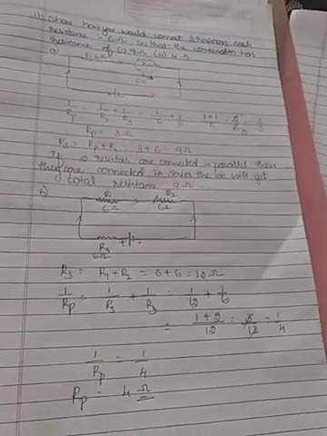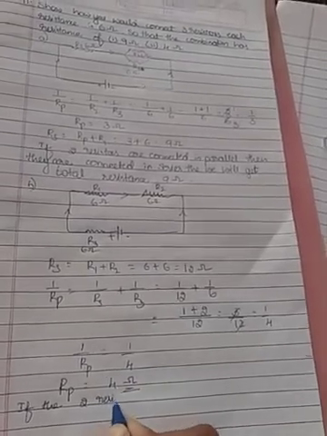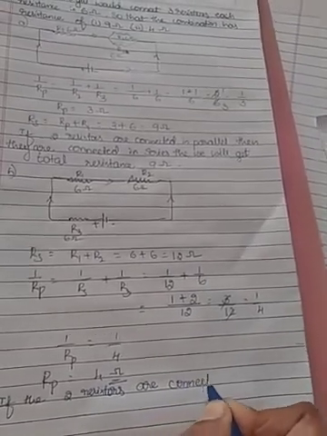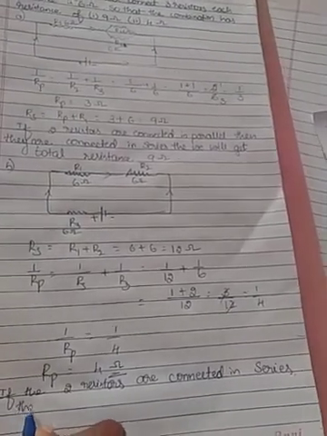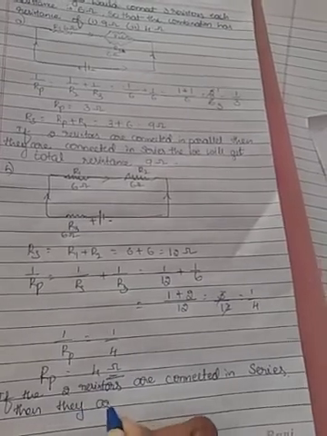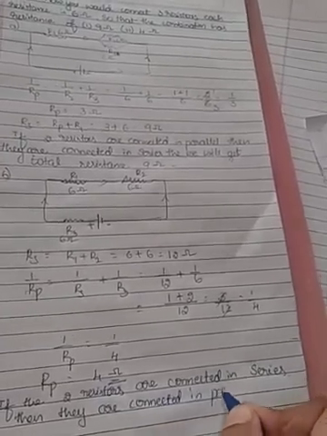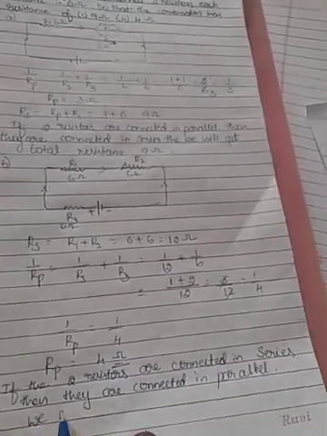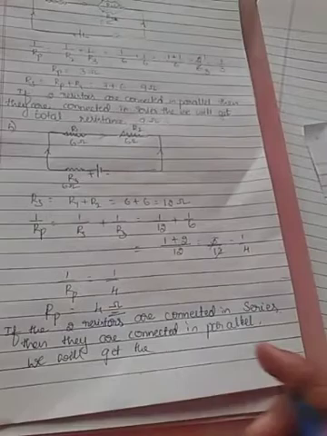How we have connected, write that: if the two resistors are connected in series, then they are connected in parallel, we will get the resistance 4 ohm.